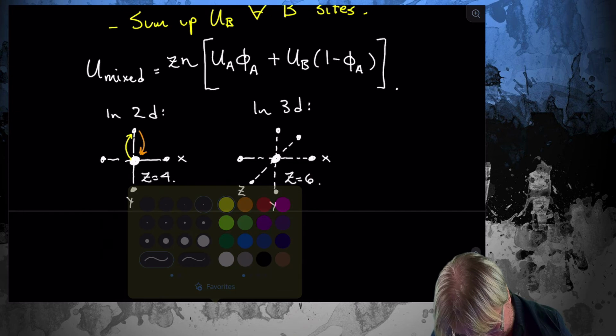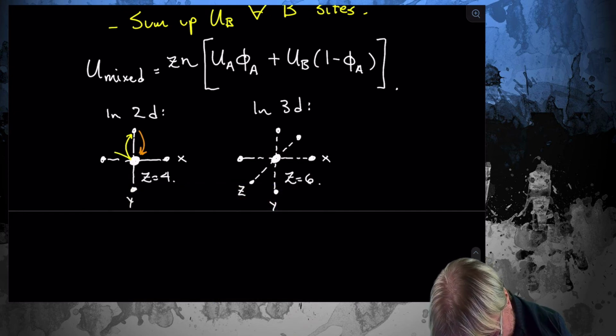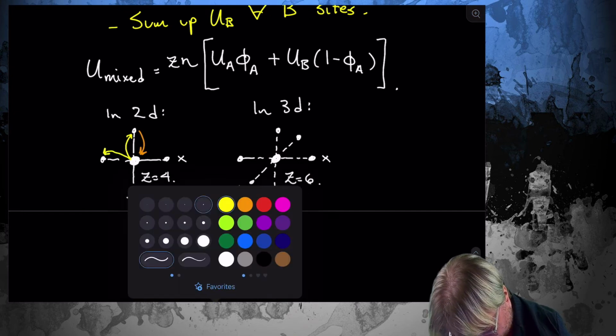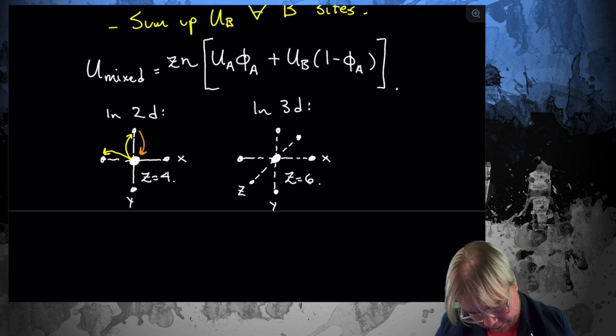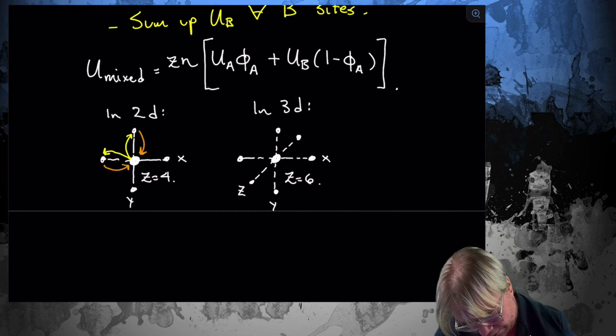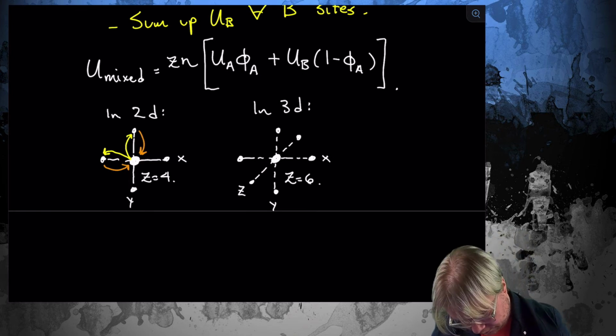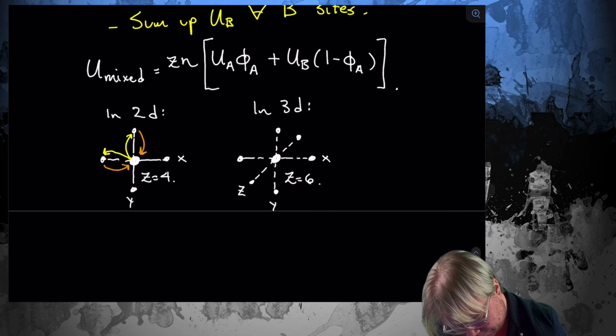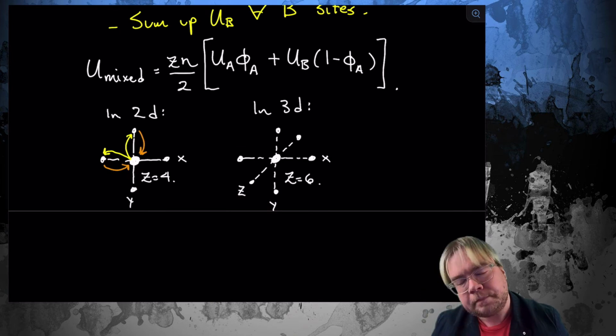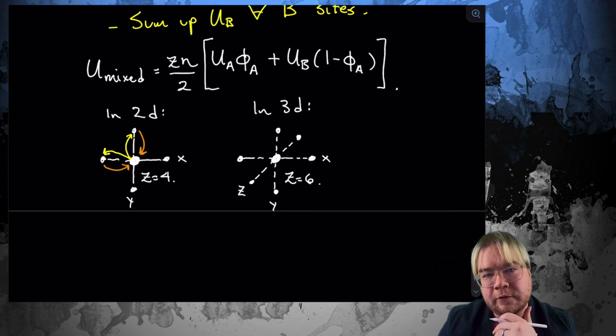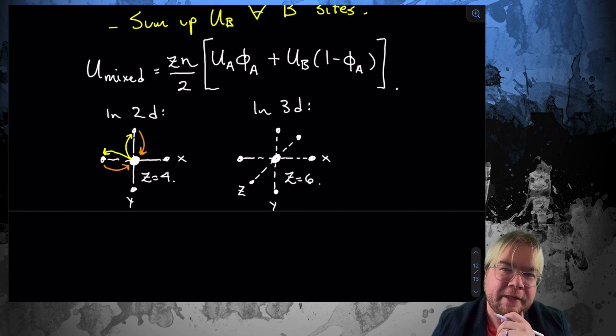Same thing here. I'm going to have the central lattice site interacting with that neighbor, but as I'm counting, I also count that one. In other words, the expression that I've written so far is double counting the number of interactions. So I have to divide this by 2, and that will get rid of the double counting. Kind of like when we were calculating the Debye form factor in neutron scattering, we had to get rid of the fact that we were double counting when we switched the limits of that integral.